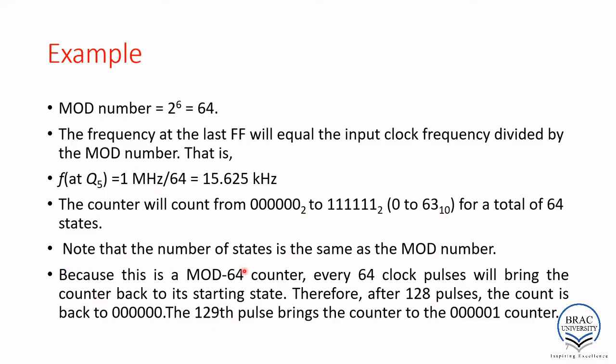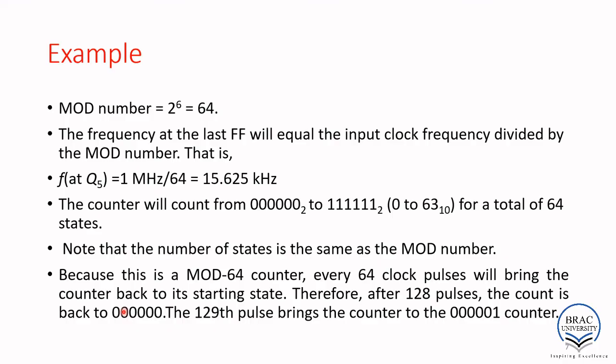So the number of states is the same as the mode number. Because this is a mod 64 counter, every 64 clock pulses will bring the counter back to its starting state, right? Say you start from 60, after 64 states you will be back at 60 again.